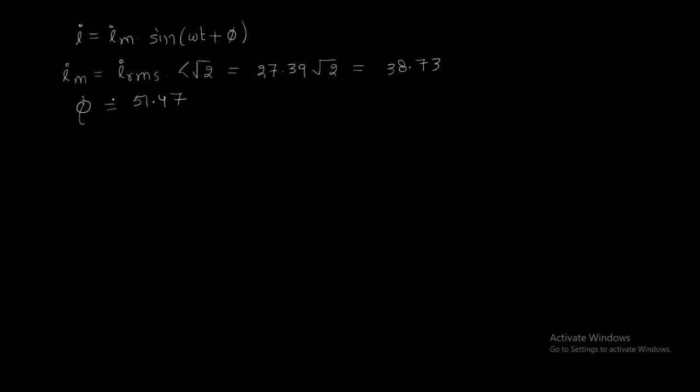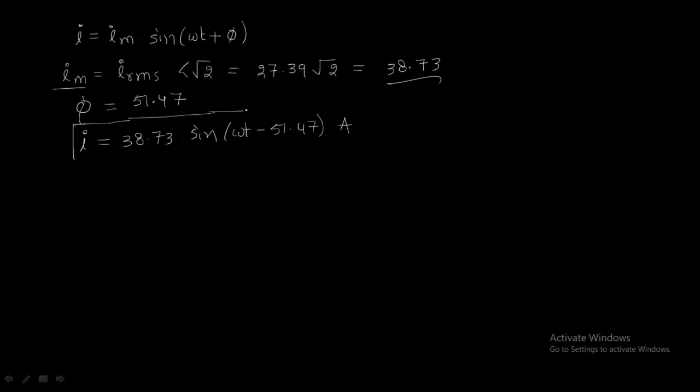So finally we get the current: Im value is 38.73 and sin(omega t minus 51.47) amperes. This is our instantaneous current.